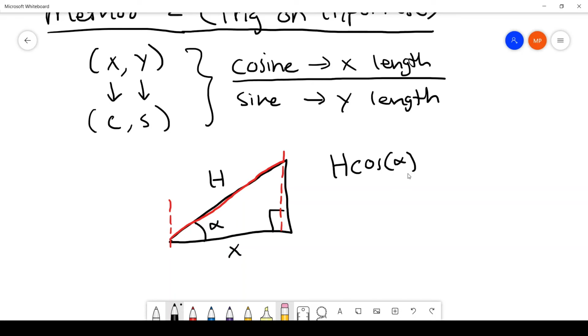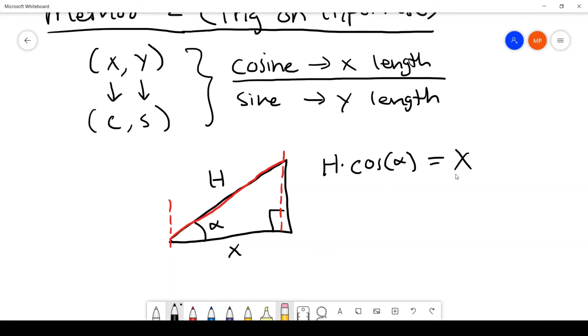cosine of alpha. And let me put the h in parentheses so that it's easier to see that it's multiplied. Actually, I'll just put h. Okay, my bad. H times cosine of alpha is going to be equal to your x value in terms of this alpha here.